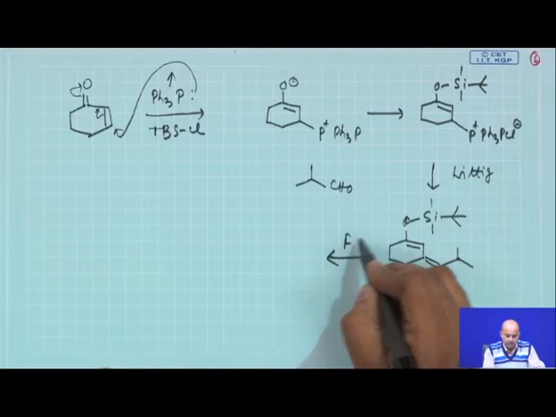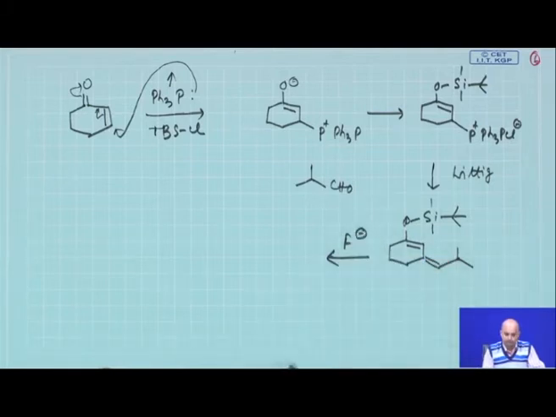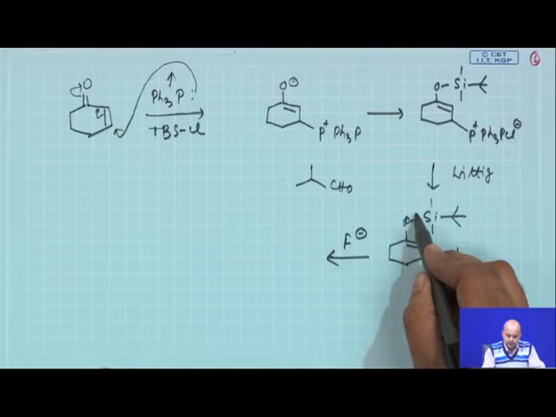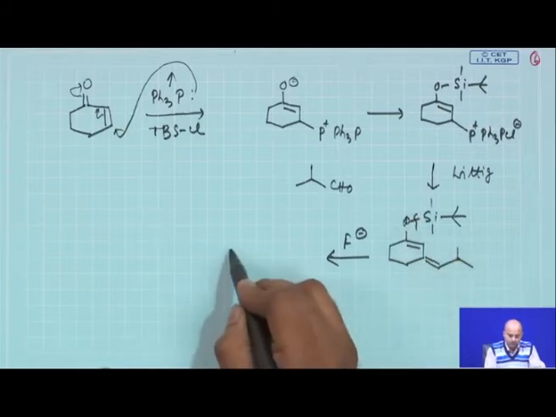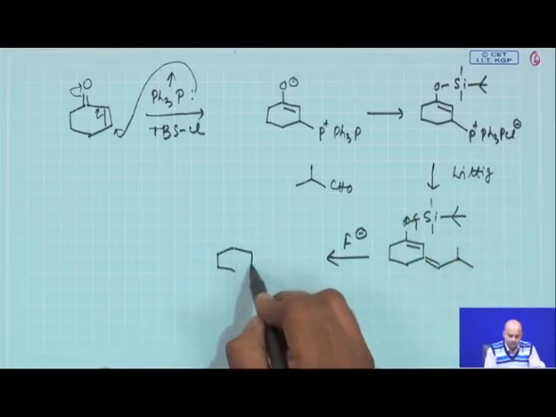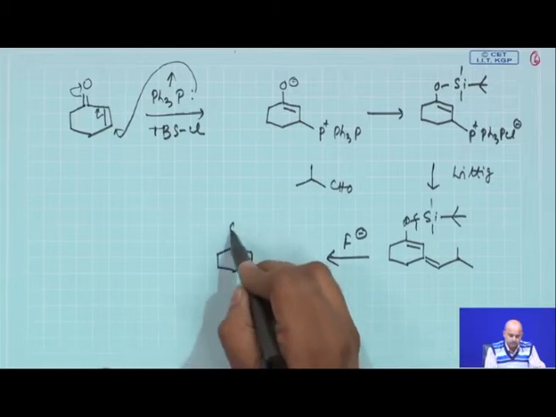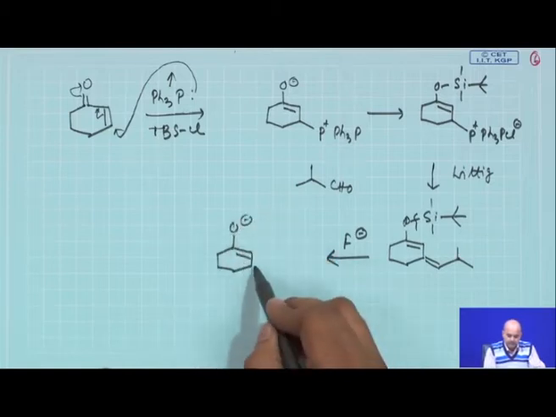You basically cleave it with a fluoride source. Now, the fluoride source takes the silicon, forming a silicon fluorine bond, and will basically give you the enol back.